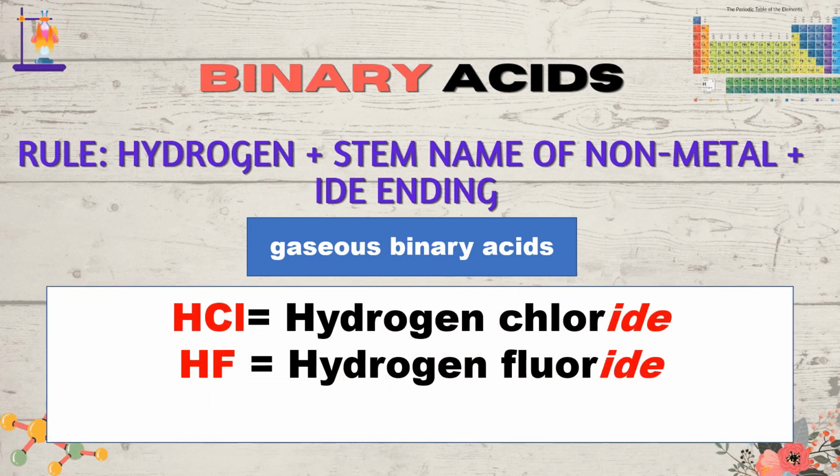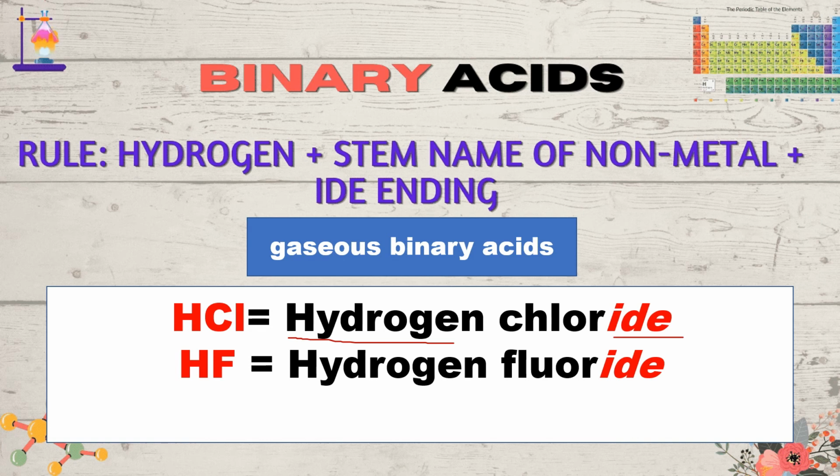So let's analyze number 1. HCl is hydrogen chloride. You write first the word hydrogen, and then the second symbol will be Cl, and that is IDE ending. So you name that as hydrogen chloride.